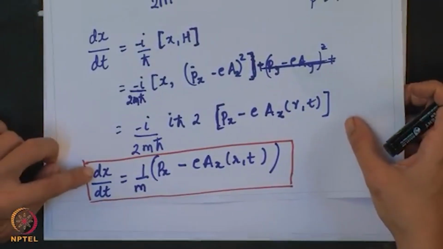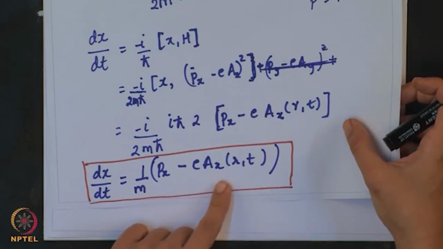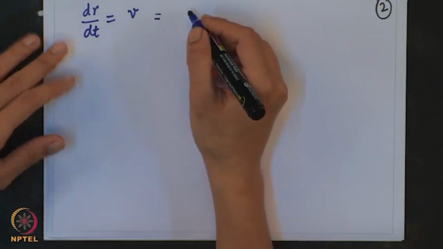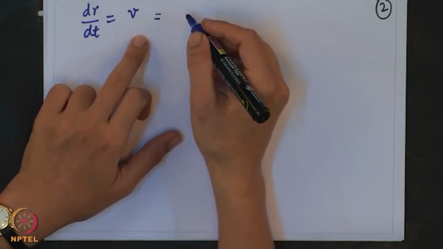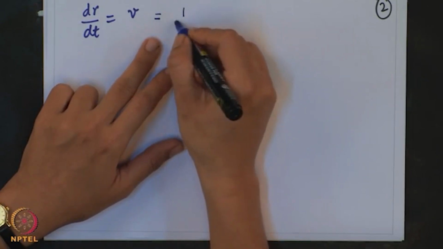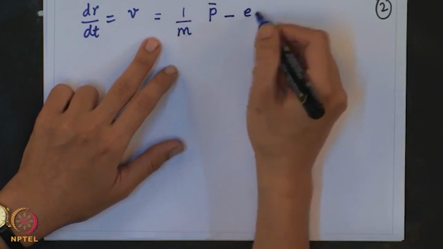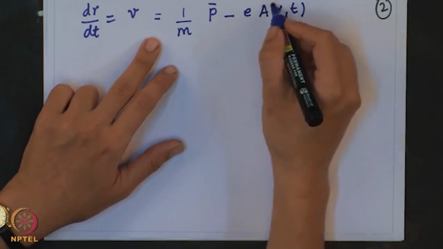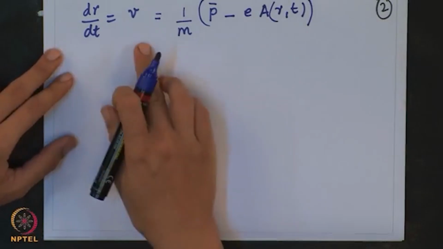If I do it for dr, I will have p minus eA, correct. This will be nothing but the velocity. There is a time dependence, which I can write as (p minus eA(r, t))/m, correct. This is what I obtain for velocity.